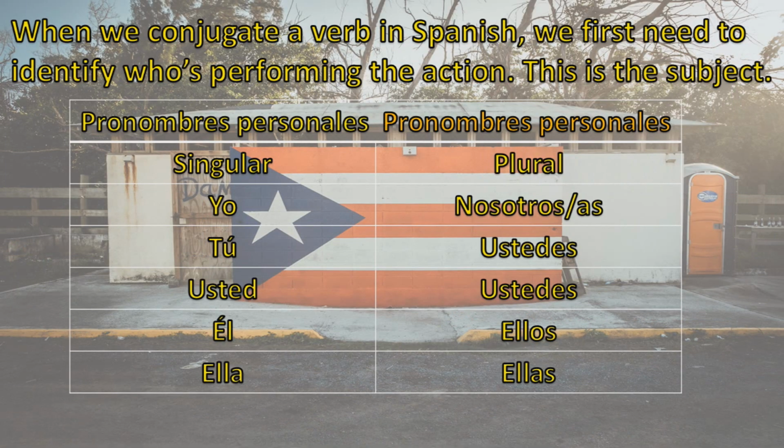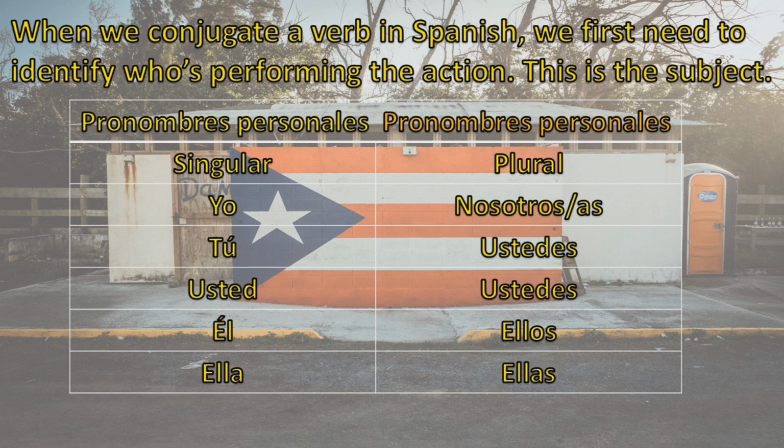When we conjugate a verb in Spanish, we first need to identify who's performing the action. The person that is performing the action is the subject of the action. The subject of the action can be, for example, a person's name.